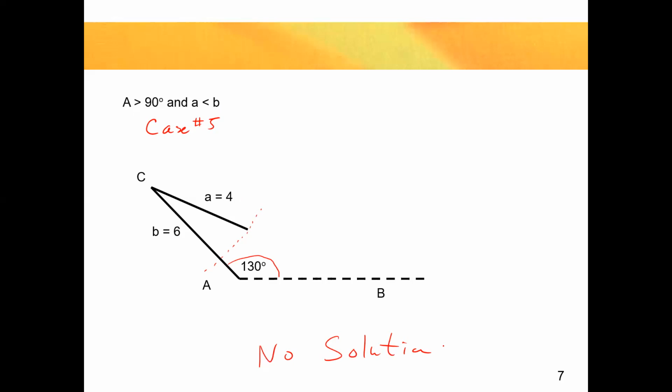So what do I need to get to the other side? Wait, why do we have to get to the other side if there's no solution? If the only condition for obtuse angles is that this side has to be more than 6, then at least I get to the other side. So last case, all yours. In this case, A is greater than B, it's 8 now.